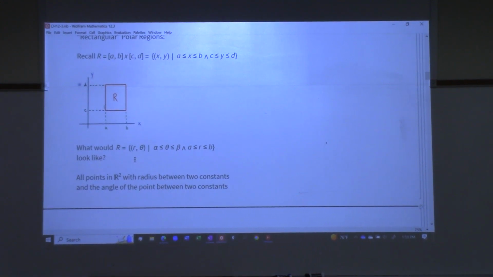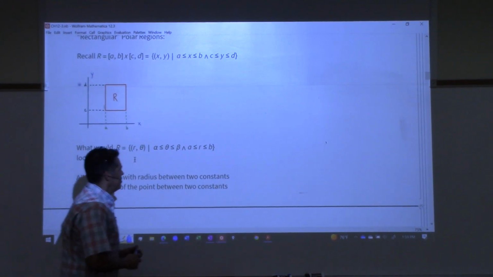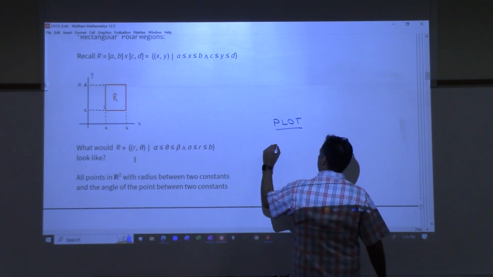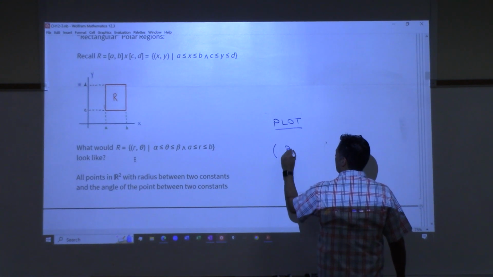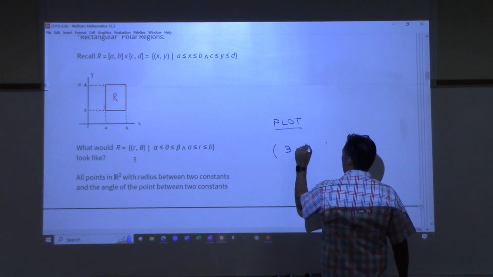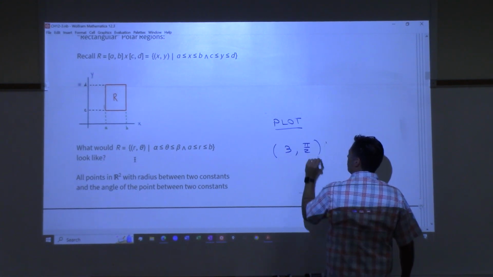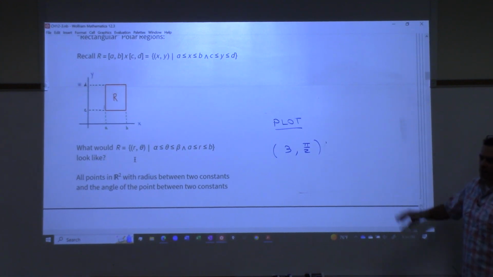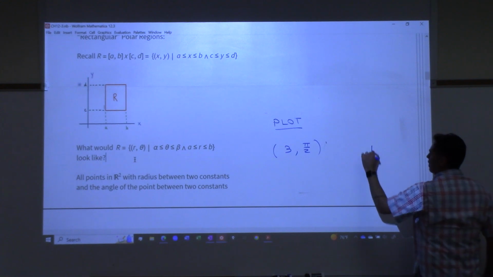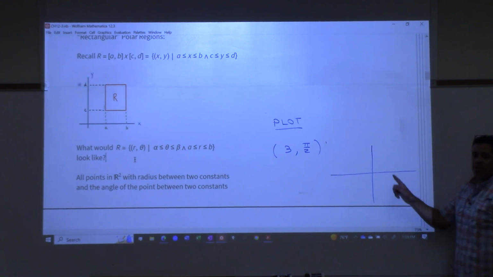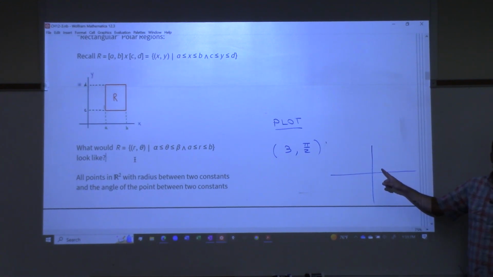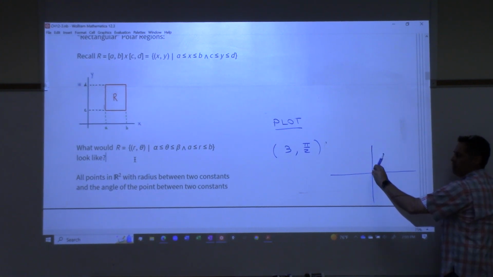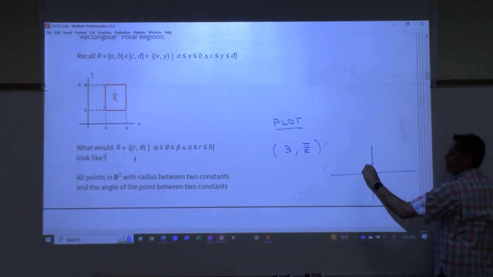Let me go back to a more basic problem. If I ask you to plot this point with 3 and 3 pi over 2, in polar coordinates this would mean that I rotate by pi over 2 and I walk up 3. 1, 2, 3.